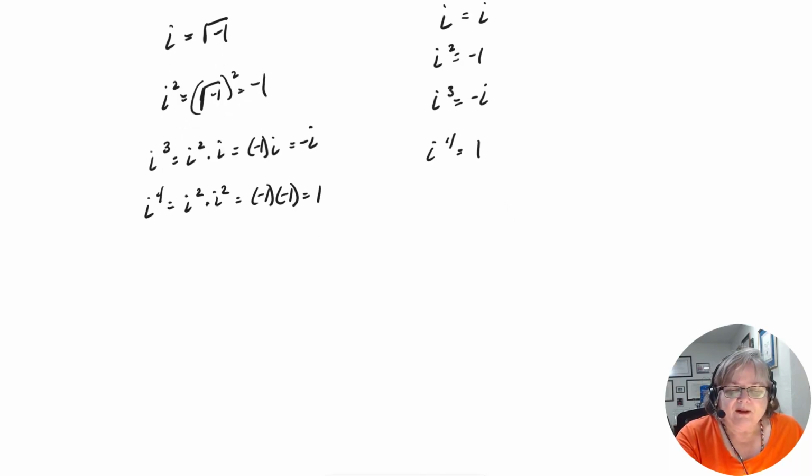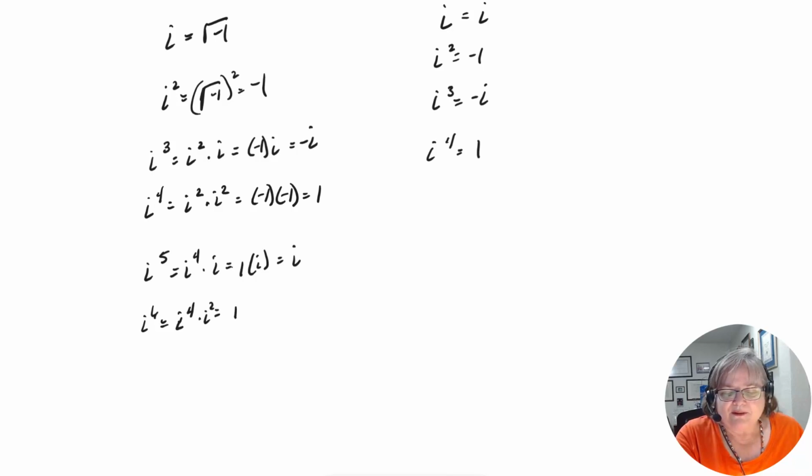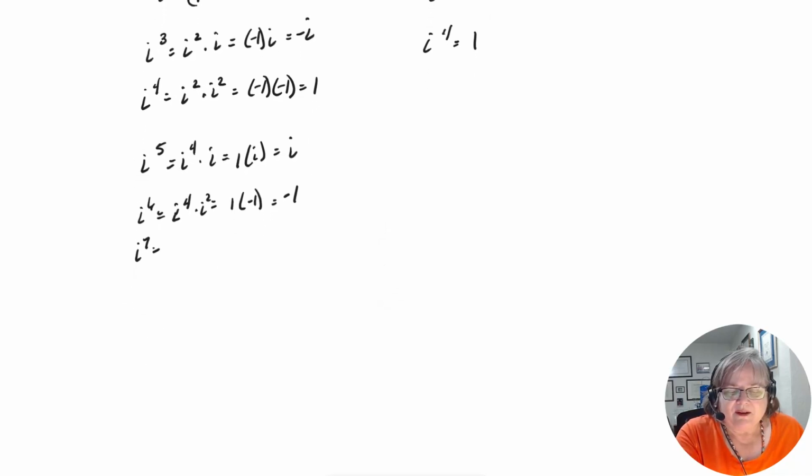All right, now i to the fifth is i to the fourth times i. i to the fourth is positive 1 times i is i. i to the sixth, just hang in there with me a minute. i to the fourth times i squared is 1 times negative 1, it's negative 1. i to the seventh is i to the fourth times i cubed.